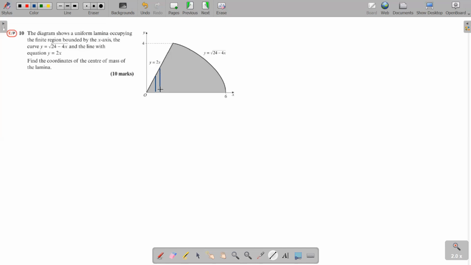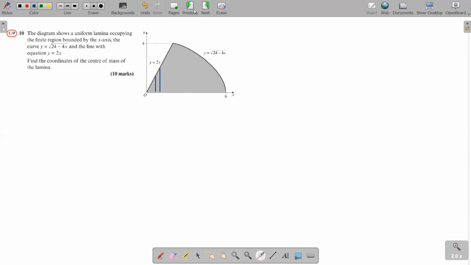But when you do it like this, there is a potential issue. What is the issue? If you take the strips in this manner, you are only concerned with the y equal to 2x graph, and this does not have the other. Now you can see y equal to the root of 24 minus 4x is a completely different type. So if you take the strips here, these strips are going to go with y equal to x.